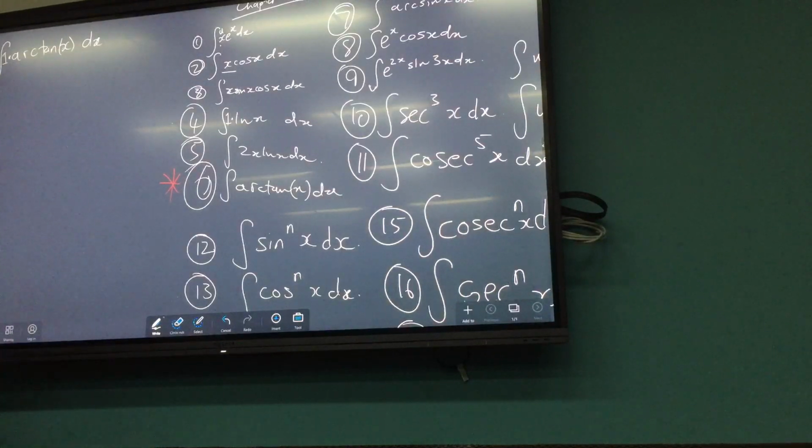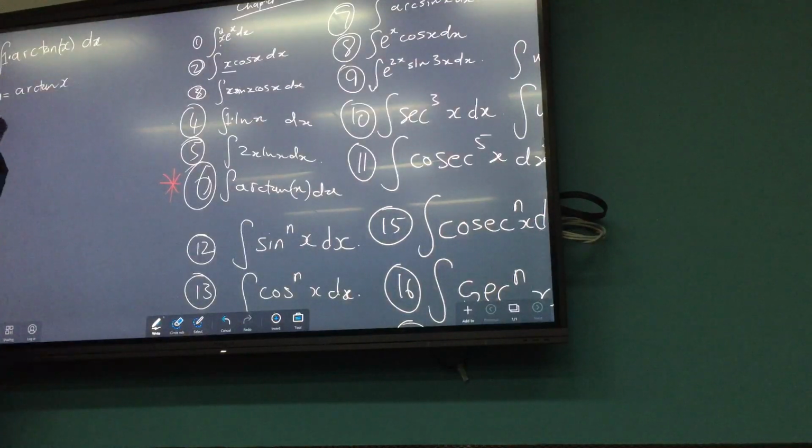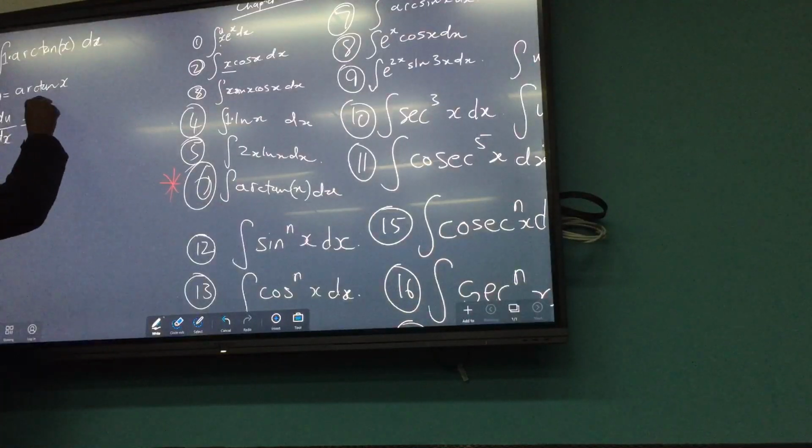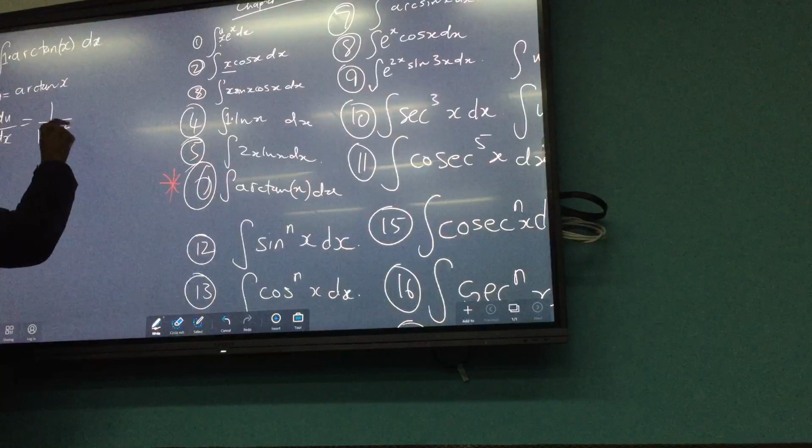So our u in this case, same as in ln, is going to be equal to arctan of x. du over dx is going to be equal to 1 over 1 plus x squared.